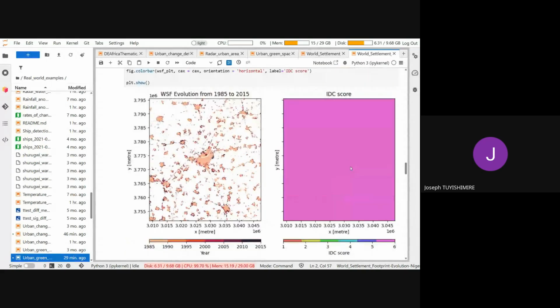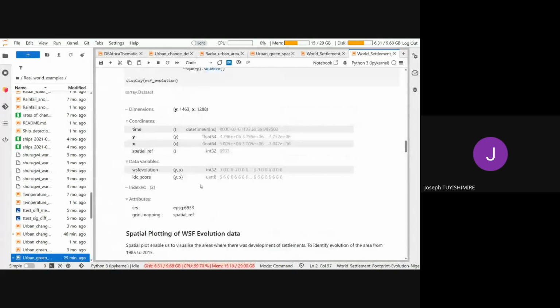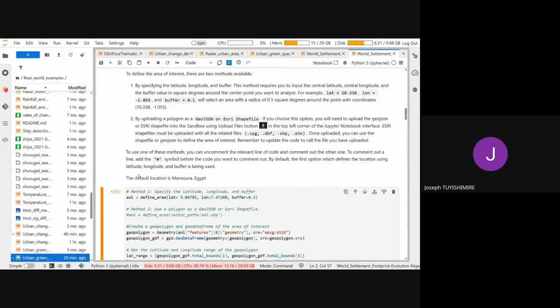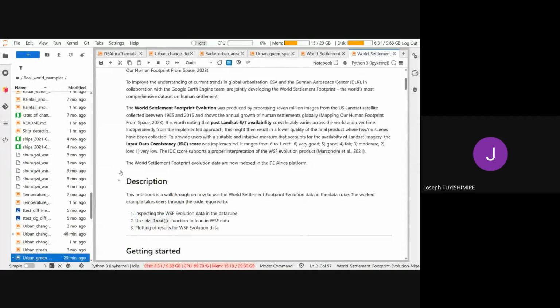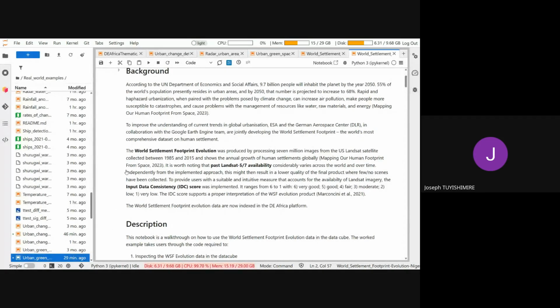And also it has a score of precision. This IDC score is a measure of consistency. The authors say it's an intuitive measure that accounts for the availability of information and the input data consistency. The IDC score ranges from 6 to 1: 6 is very good, and 1 is very low.